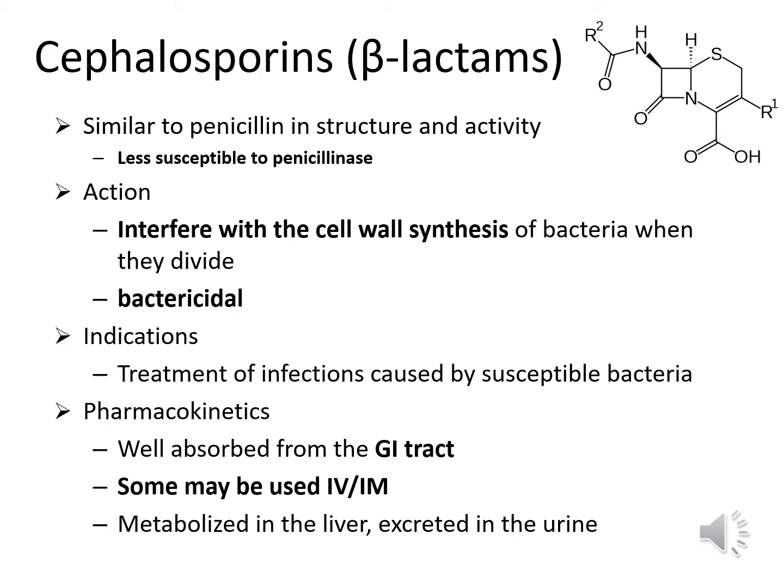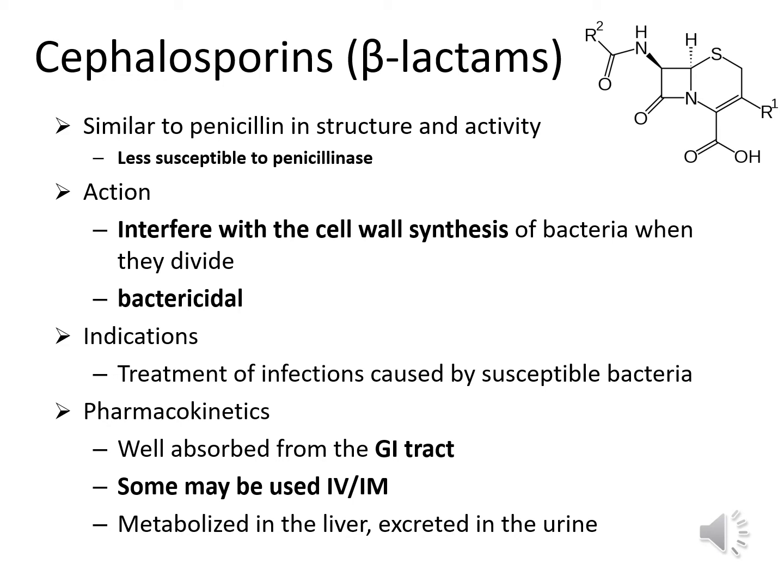As we're going to learn, they have different generations of effects, and they're very commonly prescribed in infectious diseases. Much like penicillin, they interfere with cell wall synthesis because they inhibit the transpeptidase enzyme. Again, they're bactericidal because they destroy that cell wall integrity.